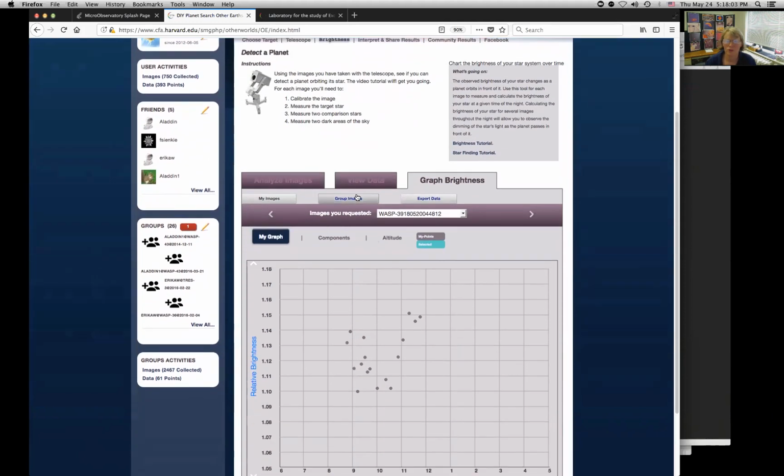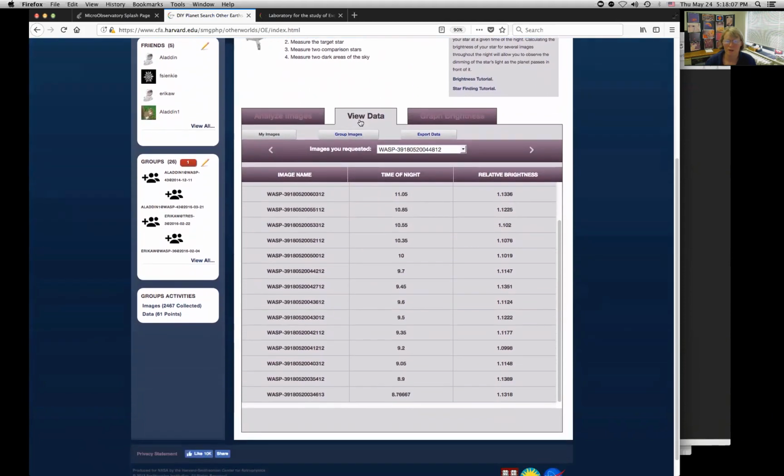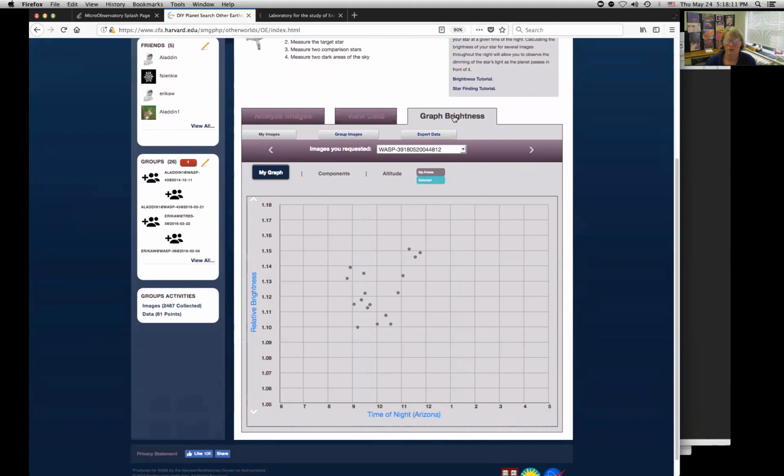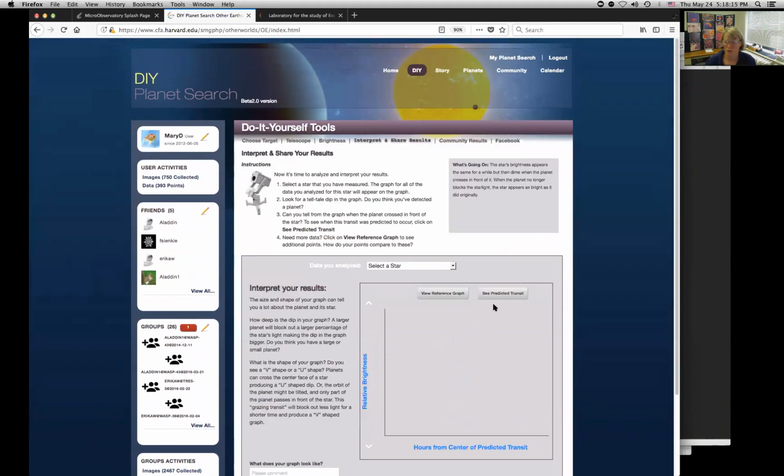There's my image. There's my data. Graph brightness. Interpret and share. Oh no. Is there another one you can do? Let me try another one. Yeah, let's see. Oh, okay. Well, there's one.